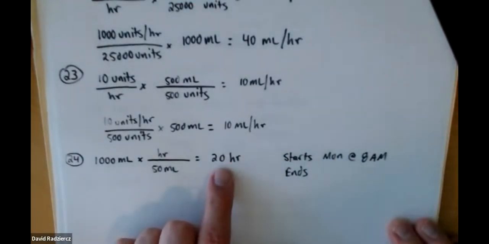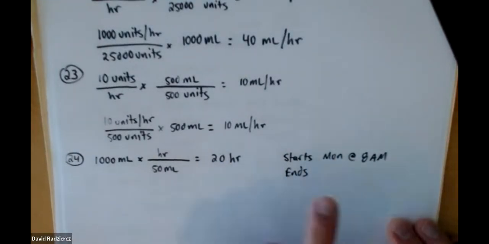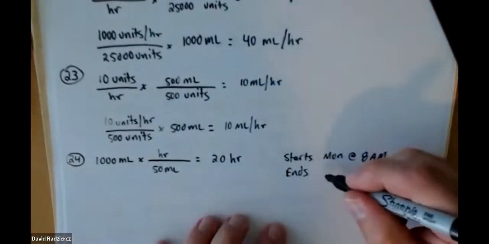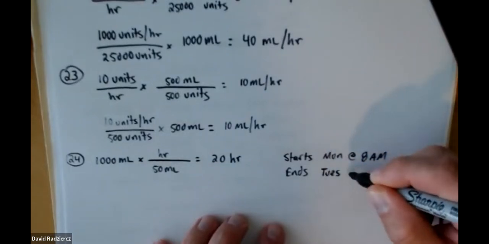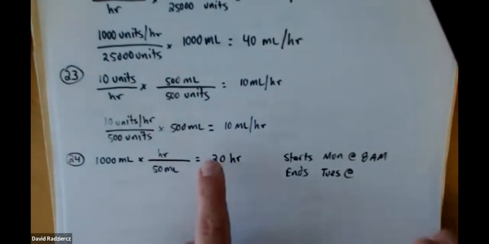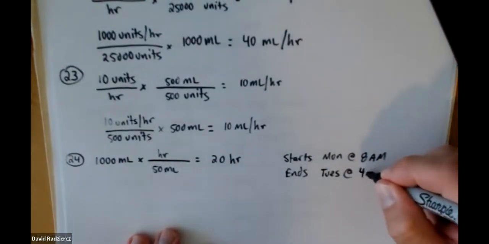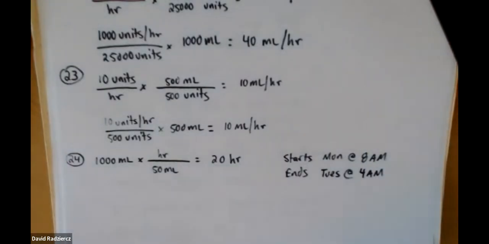So if I look at my 20 hours, 24 hours would be Tuesday at 8 a.m. So I just subtract 4 hours from that. So it would stop Tuesday at 4 a.m. And that's how you would do that.